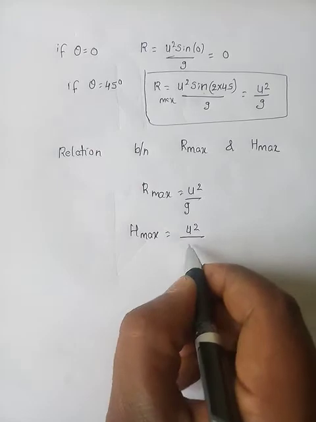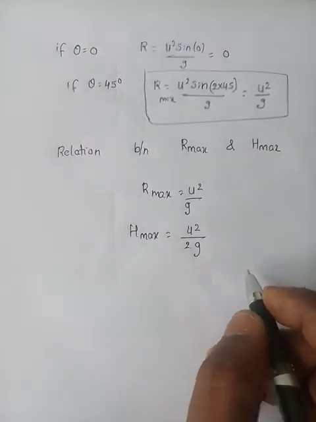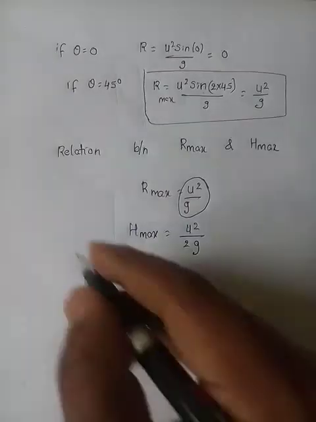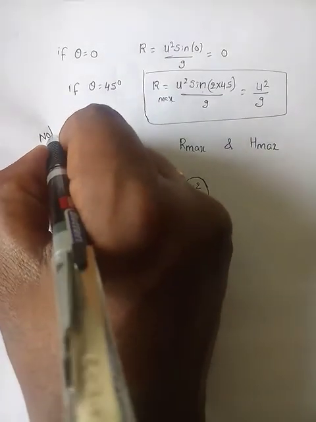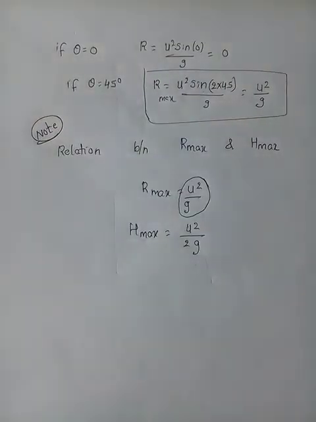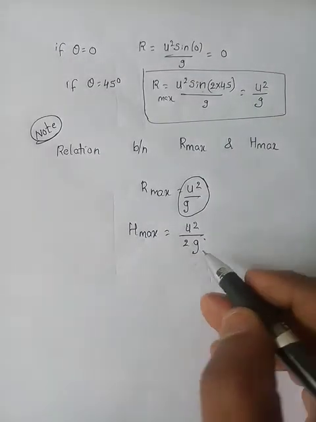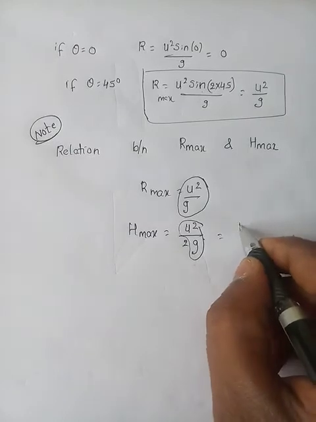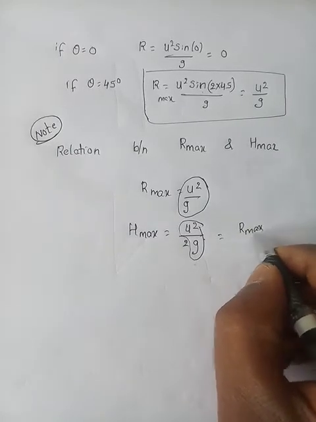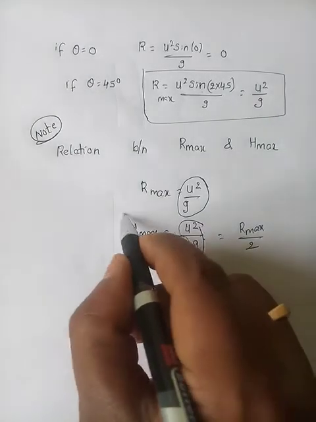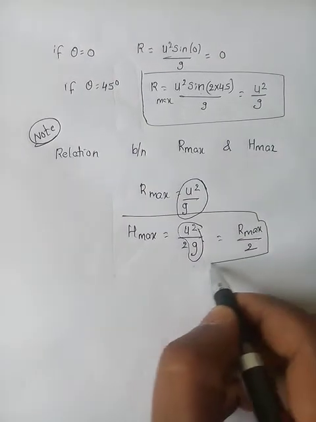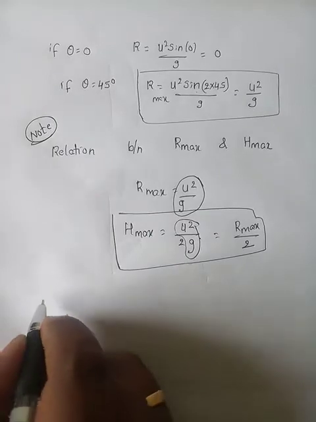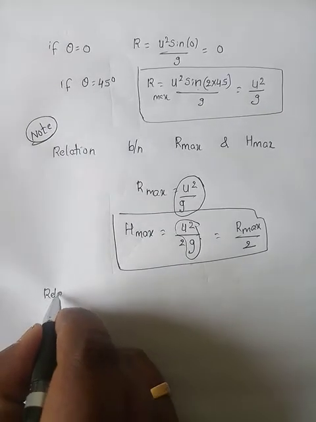H maximum is equal to u square by 2g. This is important from the problem point of view. Instead of u square by g, I can write R maximum. So H maximum is equal to R maximum by 2.